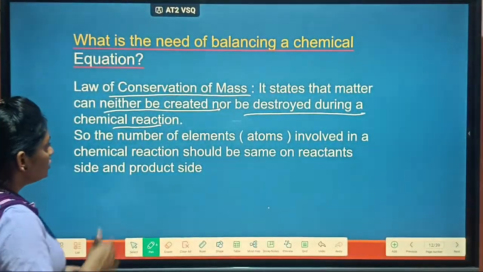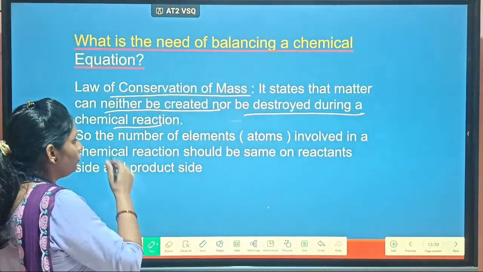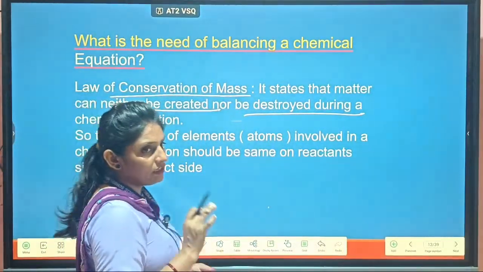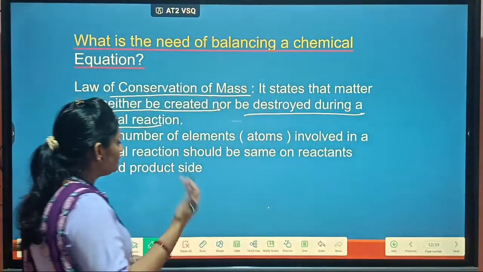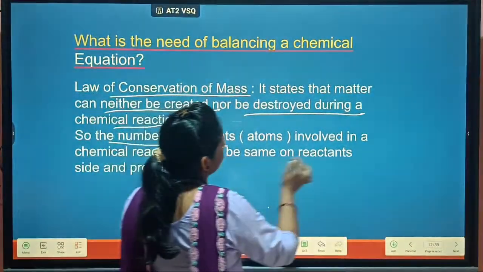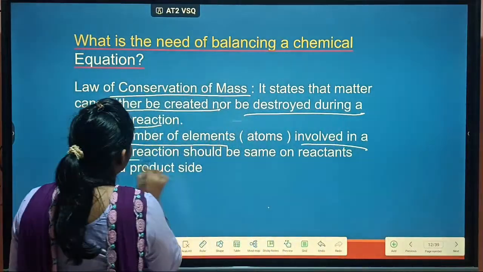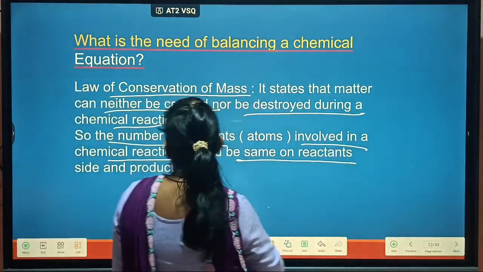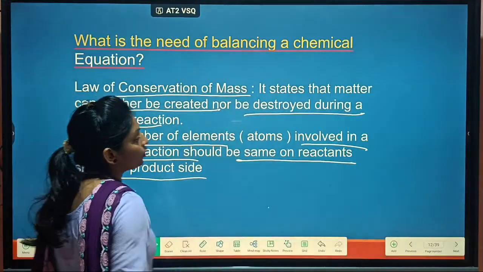Okay students, so in a chemical reaction we need to balance the chemical equation. And what is a balanced chemical equation? The number of elements involved in a chemical reaction should be the same on the reactant side and the product side.